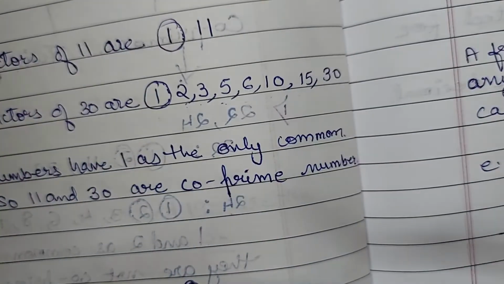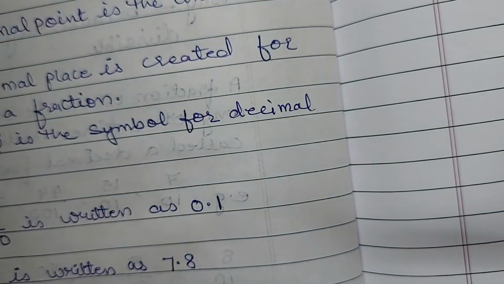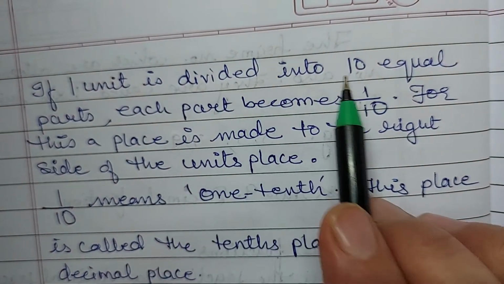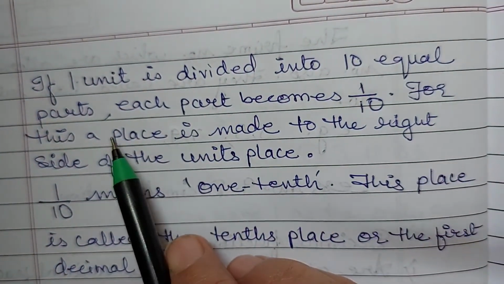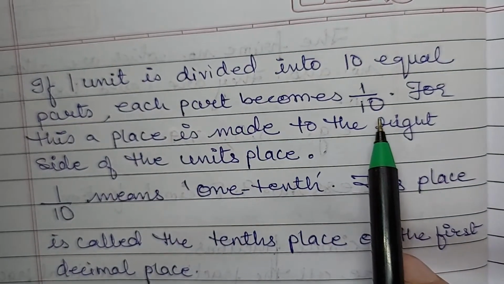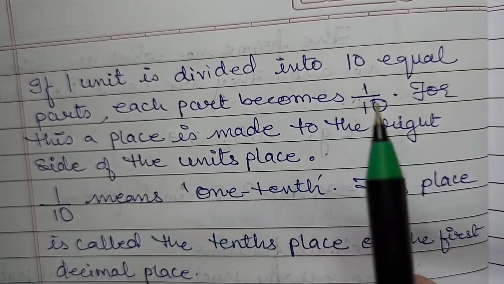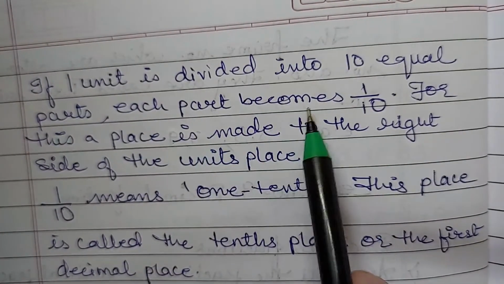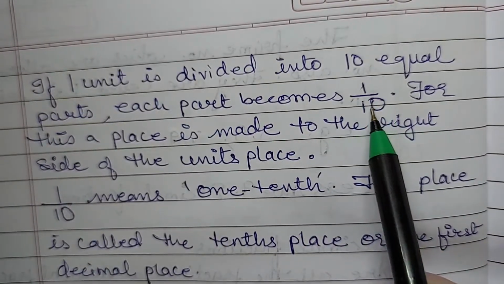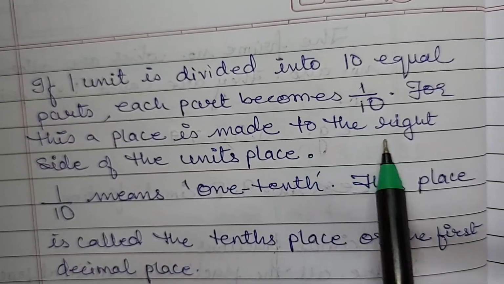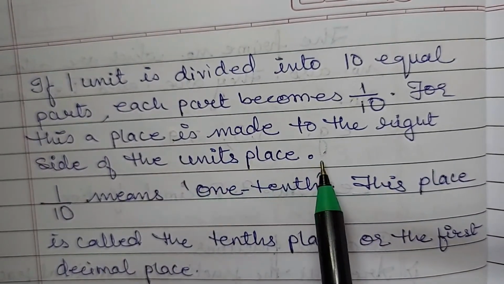Moving further, now if one unit is divided into 10 equal parts, each part becomes 1 upon 10. Each part means one unit is divided into 10 parts, divided by 10. So each part will be written as 1 upon 10. For this, a place is made to the right hand side of the units place.